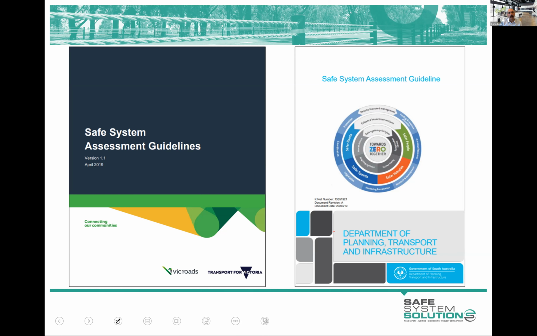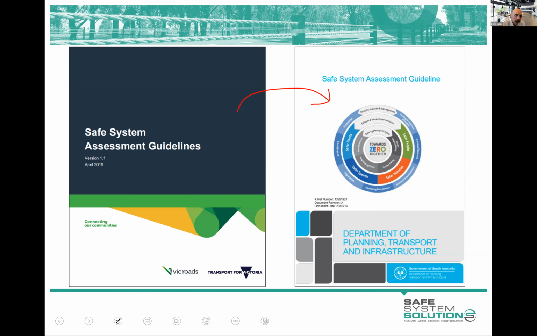This has become common practice across Queensland, New South Wales, New Zealand, Tasmania, Northern Territory as well. Western Australia just doesn't really do any of this. They've got a different thing going on over there.